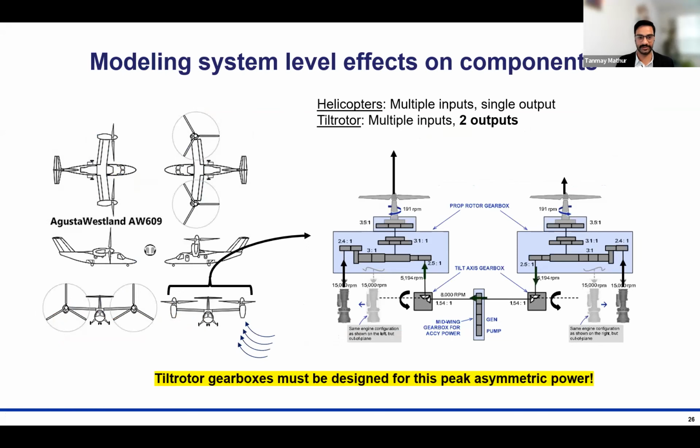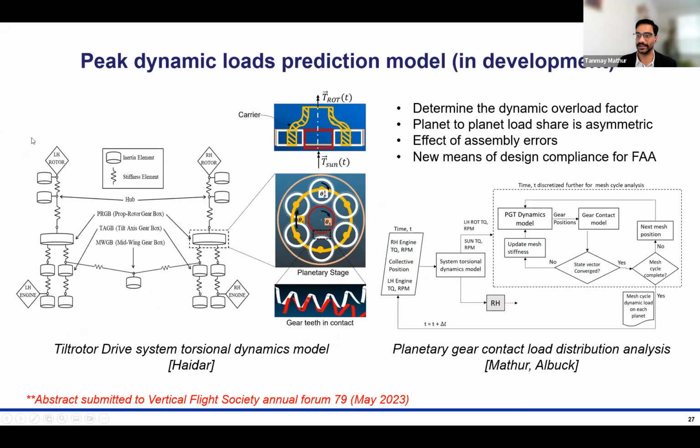All right. So as I was saying, the gearbox must be designed for this peak asymmetric power, as well as take into account the complex torsional dynamics of this entire drive system. So what you're looking at here is a 3-level problem. You first need to find out how the torque oscillates, what's the torsional response of this entire drive system.